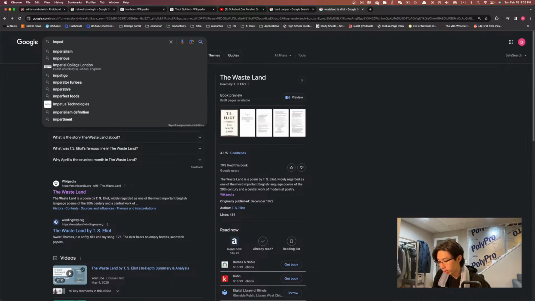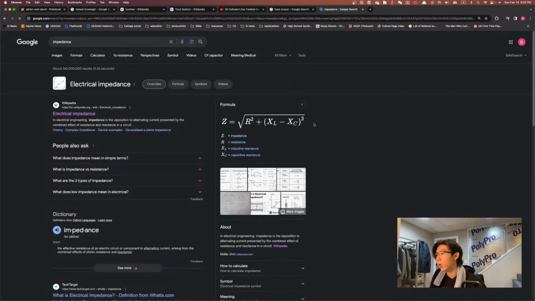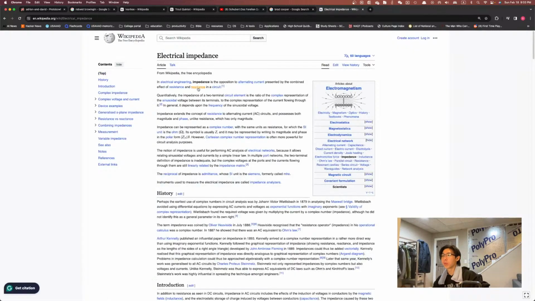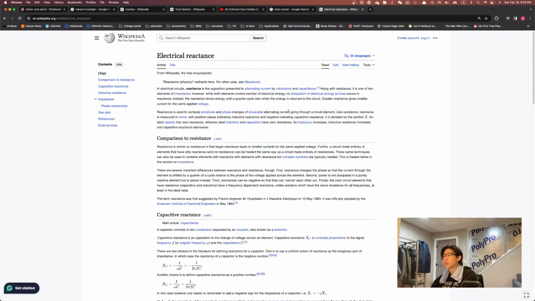Alright. Impedance. Resistance, inductor. Alternating current opposition presented by the combined effect of resistance and reactance in a circuit. The real part of impedance is resistance. Opposition in alternating circuits by inductance and capacitance, along with resistance, are elements of impedance.